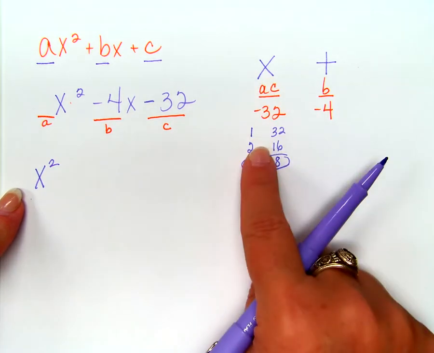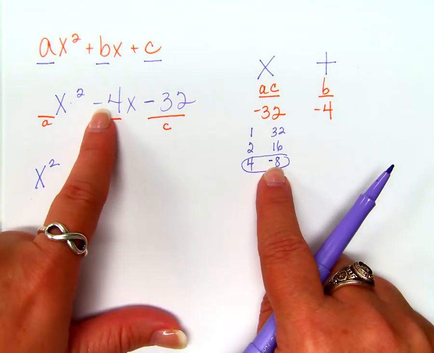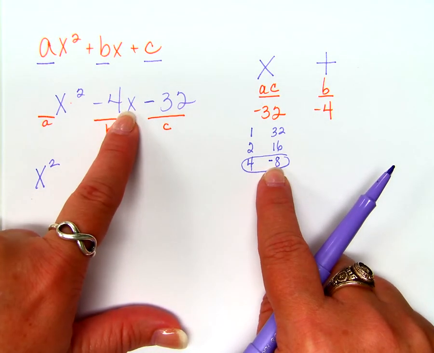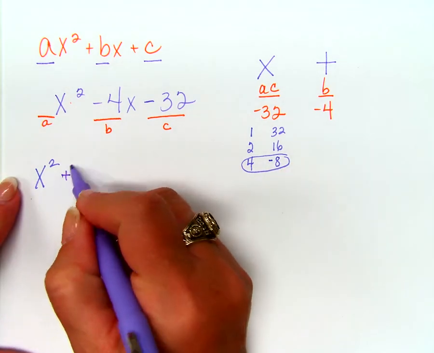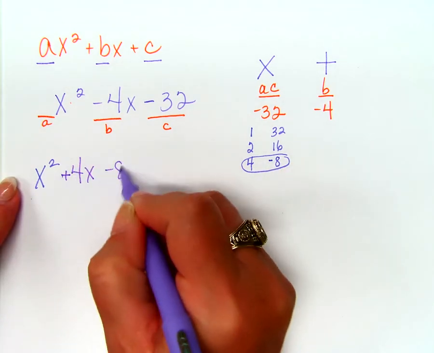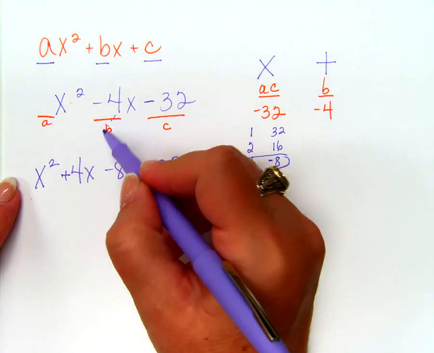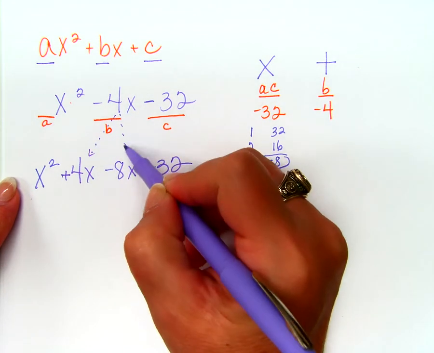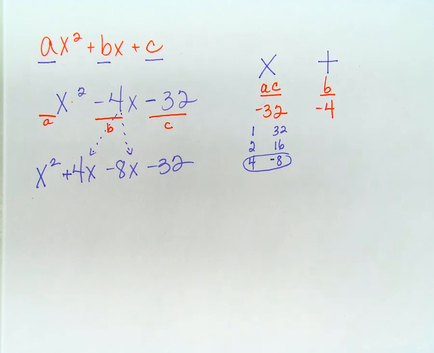When I found AC and when I found B, the purpose was to find the two numbers that still represent the negative 4 if I'm adding them together. You okay with that? So instead, I'm going to write plus 4x minus 8x minus 32. Do you see how this split into two different parts? Have I changed the value of the equation?